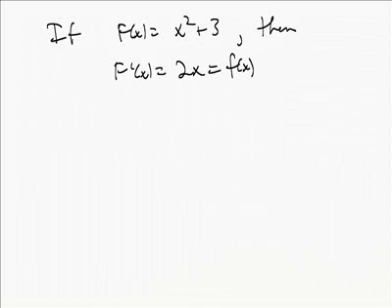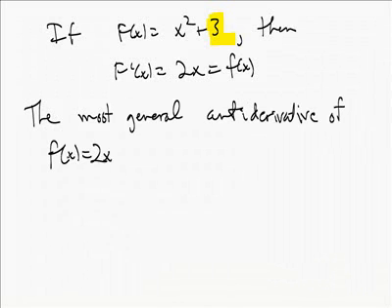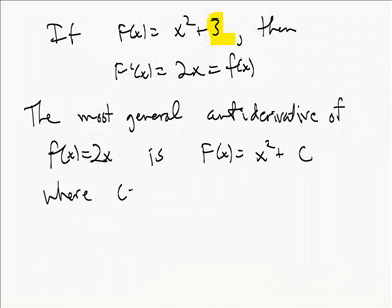Since the derivative of a constant is 0, if you add a constant onto the end of any antiderivative, the derivative is going to be the same thing. So we would say that the most general antiderivative of the function f of x equals 2x is capital F of x equals x squared plus c, where c is any constant.